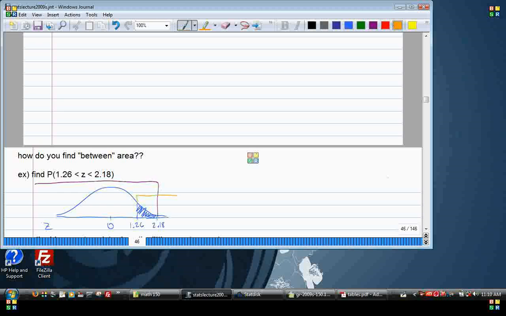I guess we can, but there's an easier way. Instead of the area to the right of 1.26, get the area to the left. And once you have each of these areas, how can we find the between area? Subtract. Take the purple area, and so what is on the picture? What is the purple area? The purple area is this.